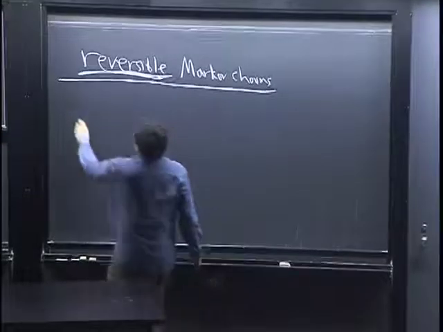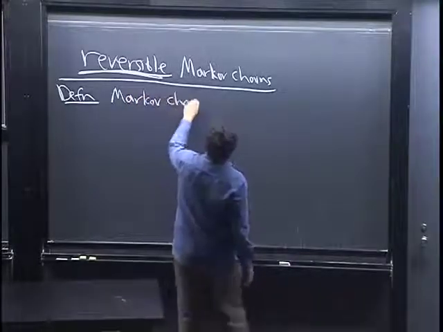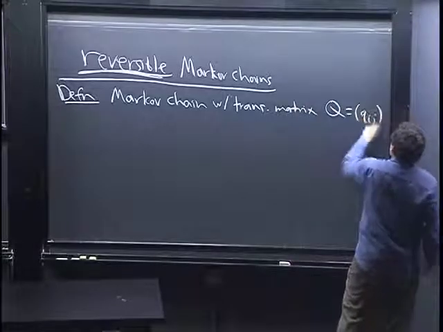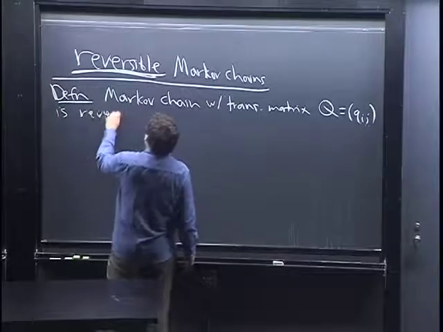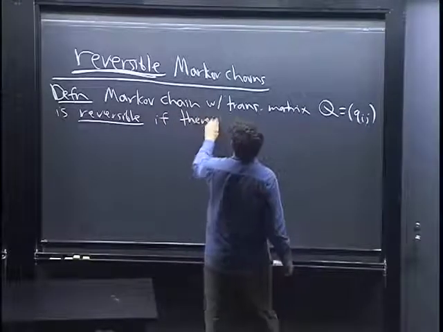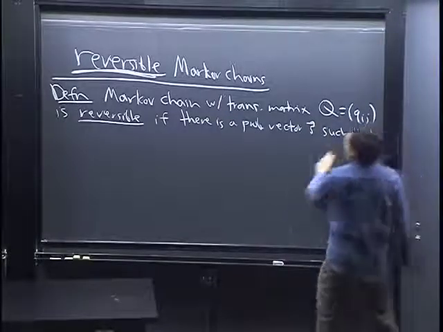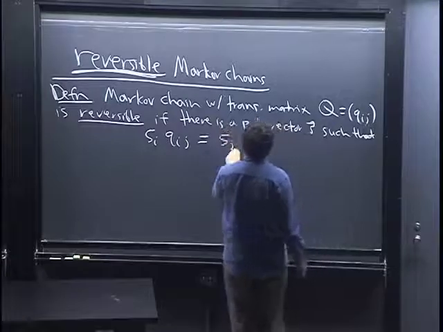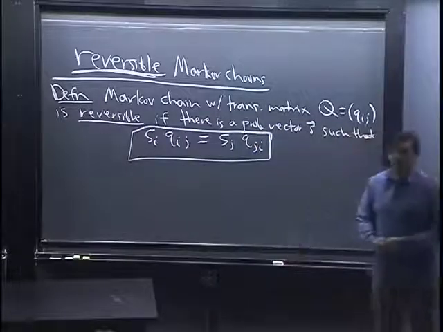So here's the definition. A Markov chain with transition matrix that we've been writing Q, and let's say individual elements of Q are written as Q_ij, that's row i, column j, is called reversible if there is a probability vector S such that, here's the key equation of reversibility, S_i Q_ij equals S_j Q_ji. It's a cute looking equation, very useful, if this holds for all states i and j.